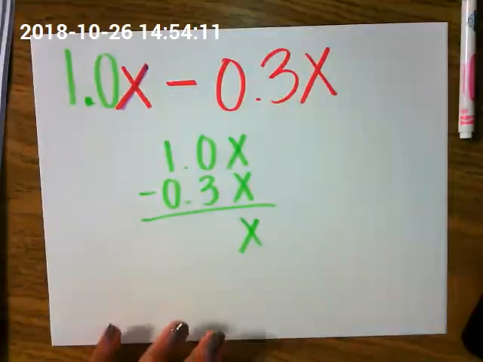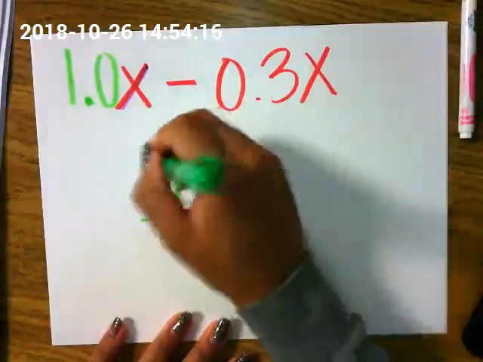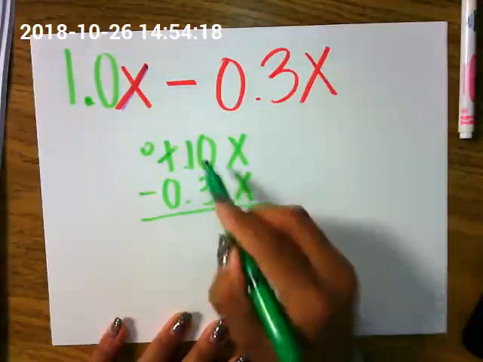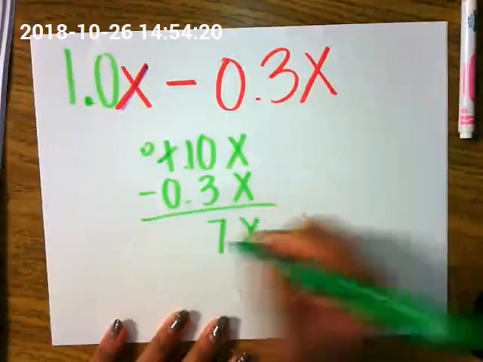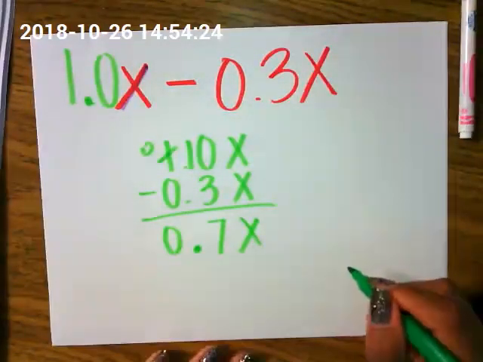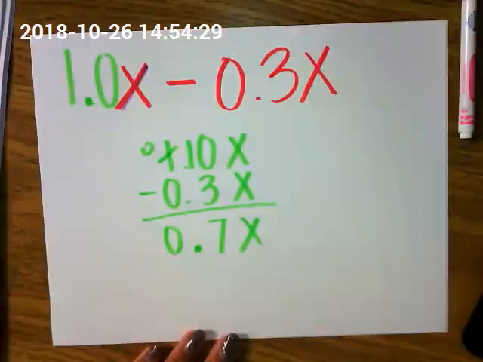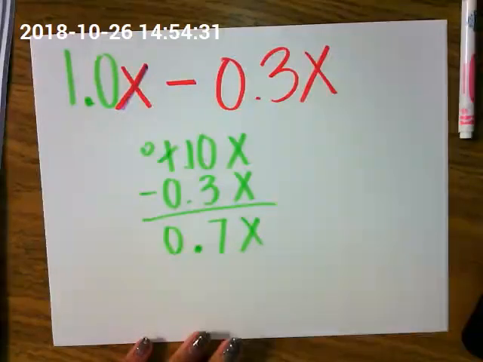And so I have 1 minus 0.3. Now can 0 subtract 3? Nope. So I'm going to make that a 0, make that a 10. 10 minus 3 is 7. Bring down my decimal point. So my answer will be 0.7x. So that's how much I'm going to be paying for my shirt.